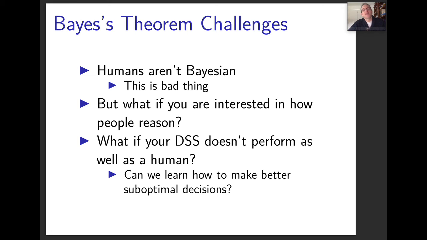So these researchers are artificial intelligence researchers, so they're not only interested in a medical solution, they're interested in understanding how humans think. And further, what if your diagnostic decision support system doesn't perform as well as a non-Bayesian human? Well, we would want to be Bayesian if we could, but we can't. So can we learn how to make better suboptimal decisions if we study how humans are making the decisions that they are making?